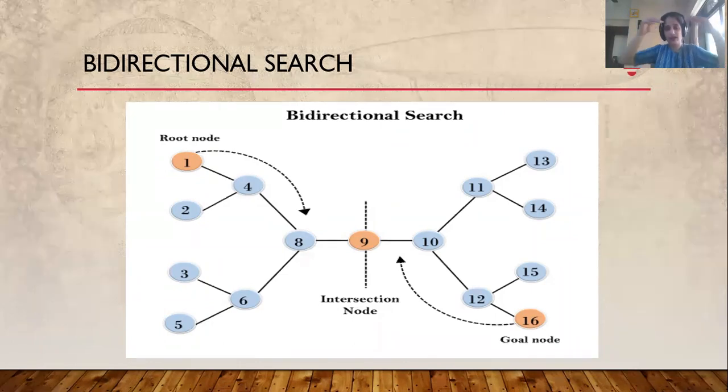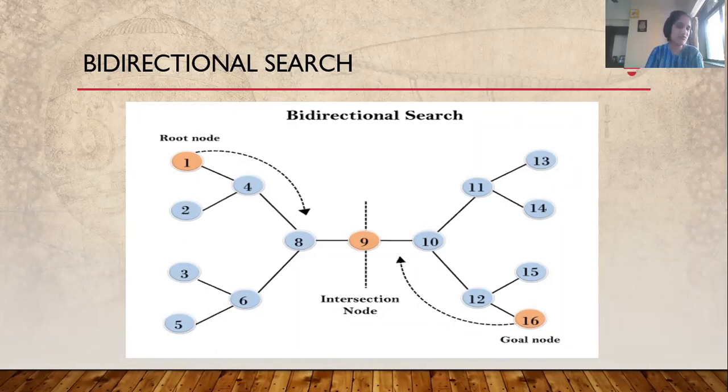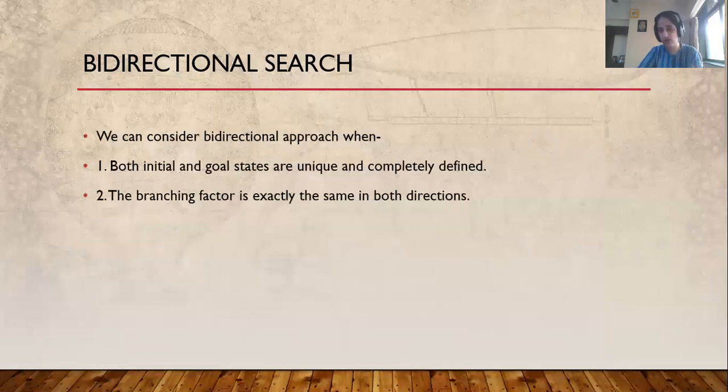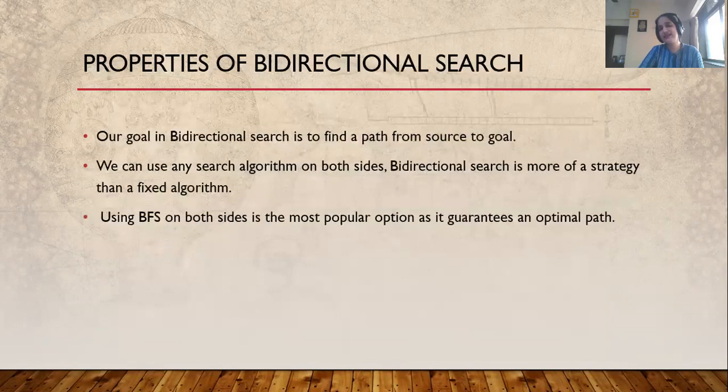Again they backtrack, again they are parallel, and after so much backtracking they meet at a point. So yes, you can use depth first search, but in that case it will not be optimal, because the searching mechanism of depth first search says that it has to go till the end, and while going till the end, the chances of meeting somewhere in between become very, very, very less. So that is why, whenever we want to make use of bidirectional search, if we make use of breadth first search, then it will guarantee you the optimal path.